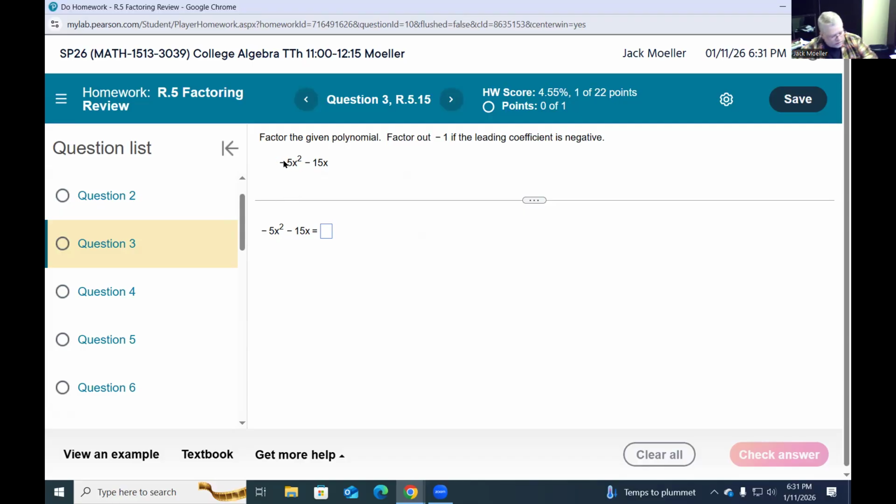Sort of like we want it in descending order, and we don't want the leading coefficient to be negative. So if there is a negative in front as part of the leading coefficient, you can always factor out at least a -1 if there's not anything more. Okay, so let me go to document camera and we'll factor this one out.